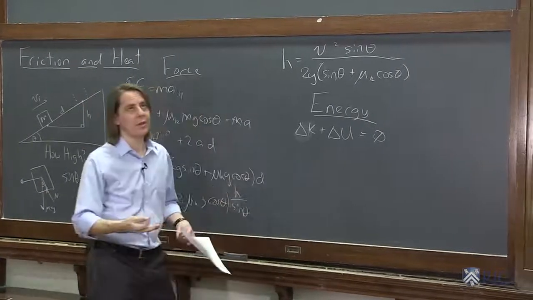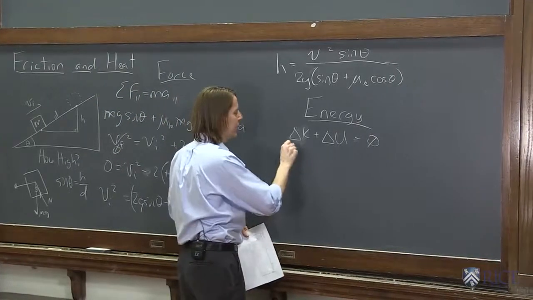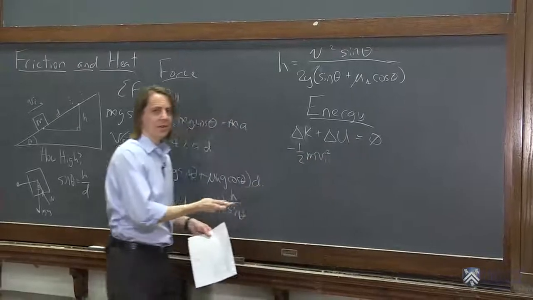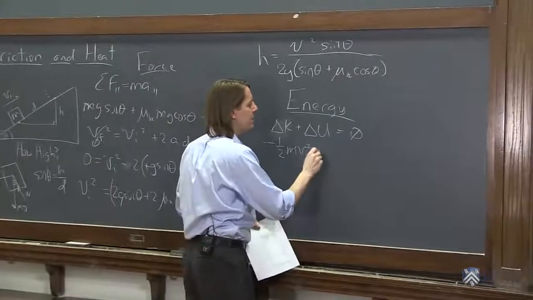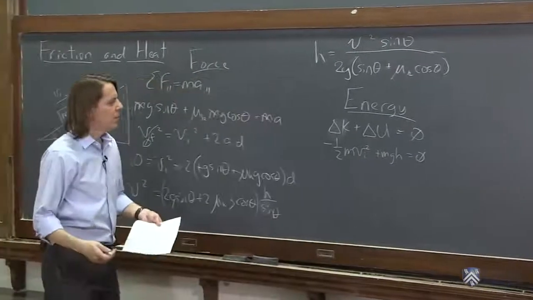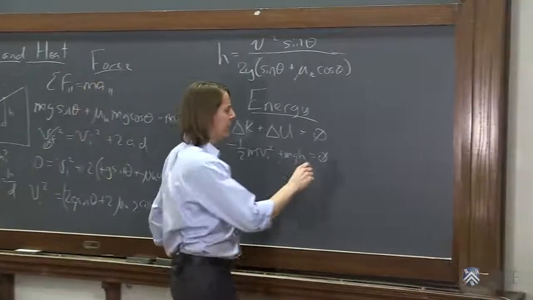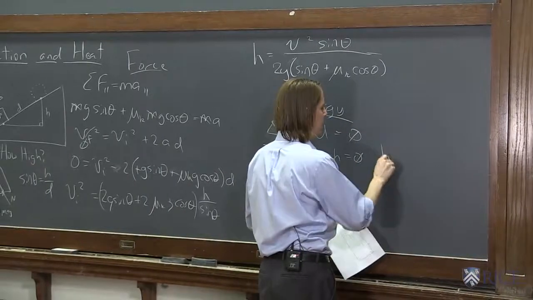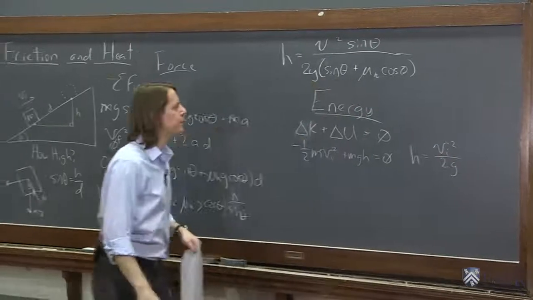We lost 1/2 mvi squared, since we started at initial speed and went to 0, so that's minus 1/2 mvi squared. We gained some gravitational potential because we went up h, plus mgh, equals 0. So you solve for h, which is what we were trying to find, and you get h equals vi squared over 2g.